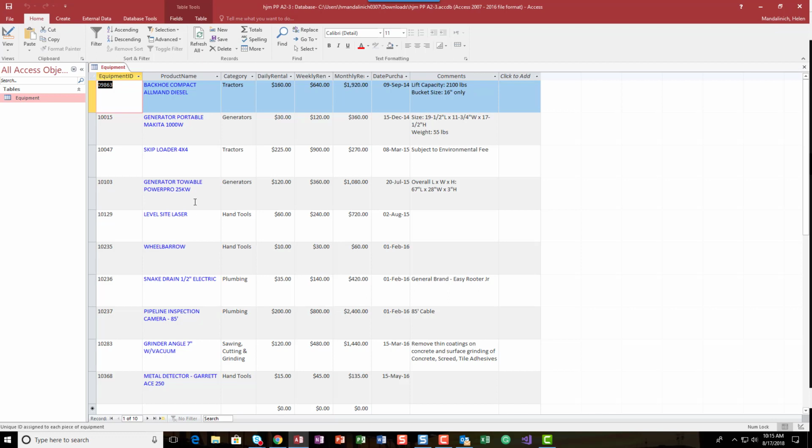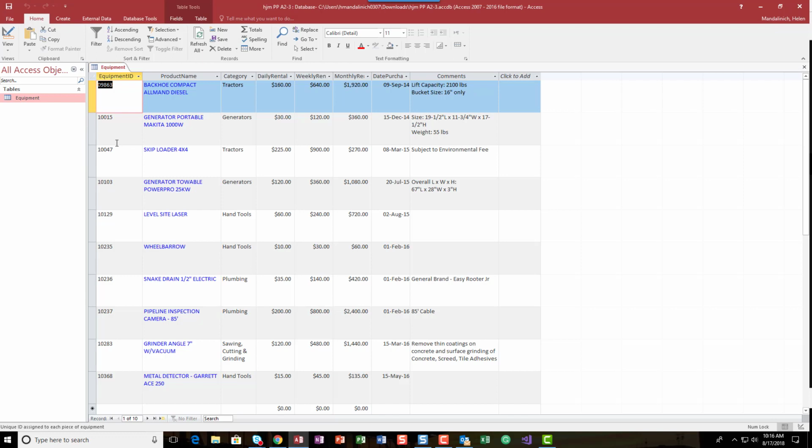Where this one you might have many. So we would have no way of putting that information in here. We need to pull that out into its own table so that every row in the new table would be a service item, and what we would do is apply it against an equipment ID.